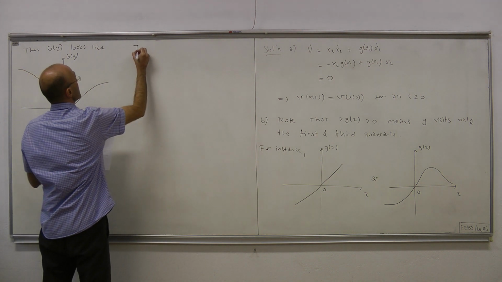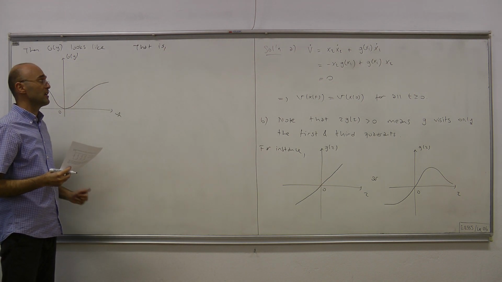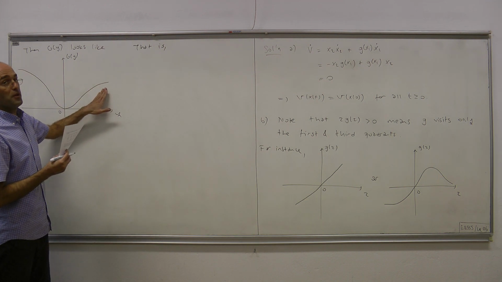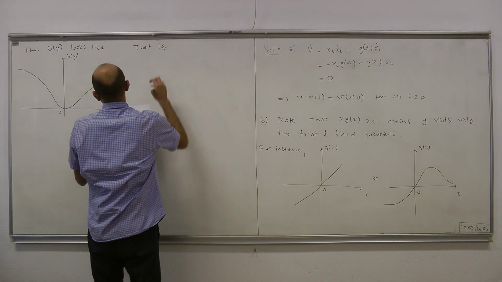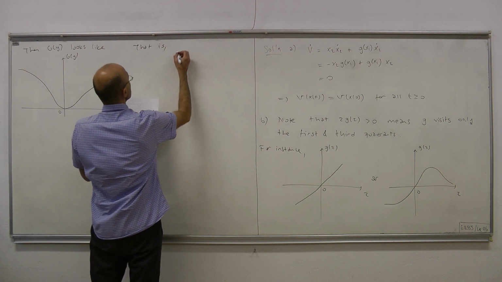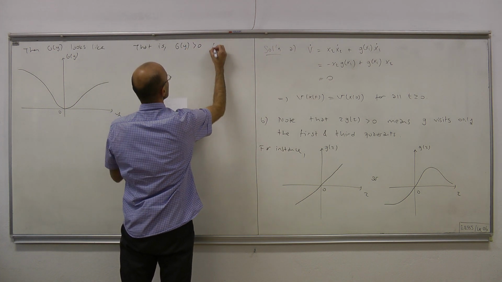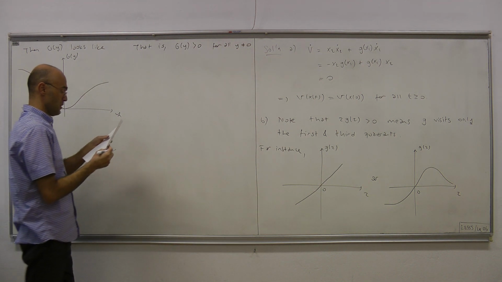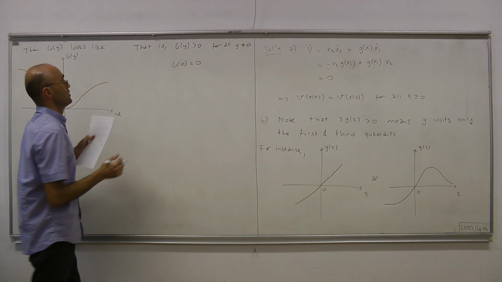But all in all, it must be always strictly increasing on this side and strictly decreasing on that side, and it must be 0 at 0 for all capital G. So that is, g of y is positive everywhere except the origin, y equals 0, and g0 equals 0.